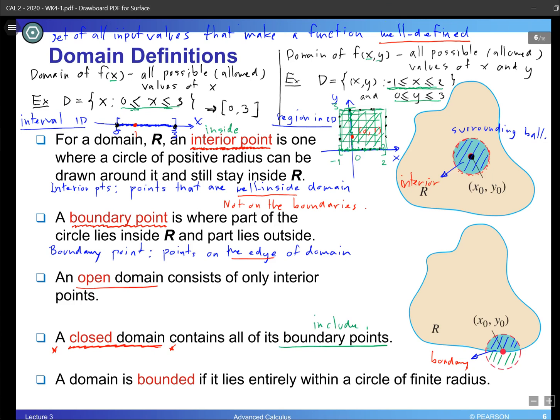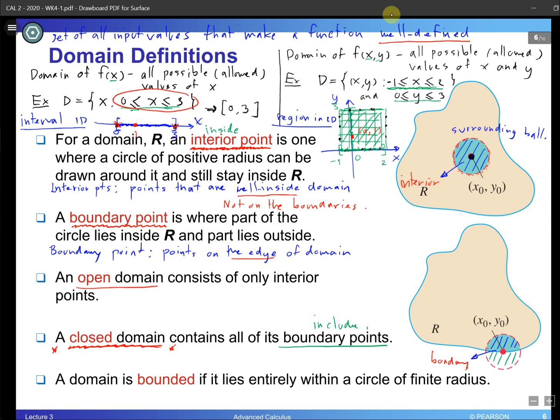Basically it means that this domain is going to consider all the edges, all the points on the edges. Like what we did up here, we include the edge, like 0, we include it. We include 3. So this one is closed.